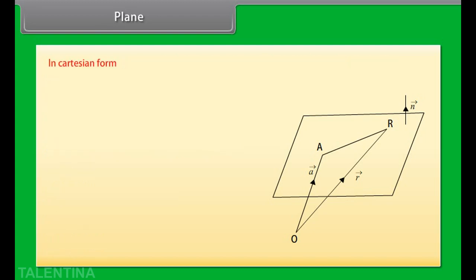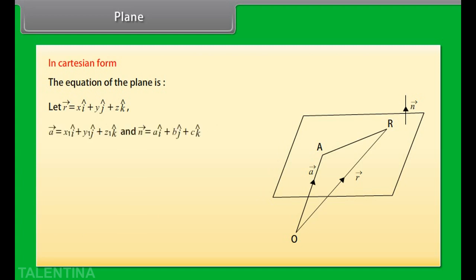In Cartesian form, the equation of the plane is: let vector r equal x î + y ĵ + z k̂, vector A equals x1 î + y1 ĵ + z1 k̂, and vector n equals a î + b ĵ + c k̂.